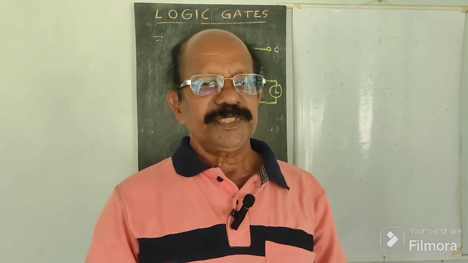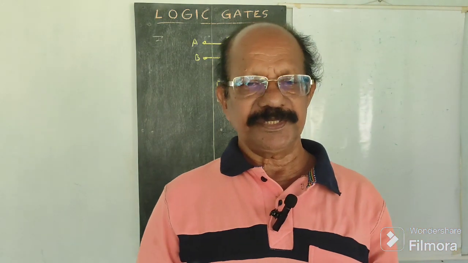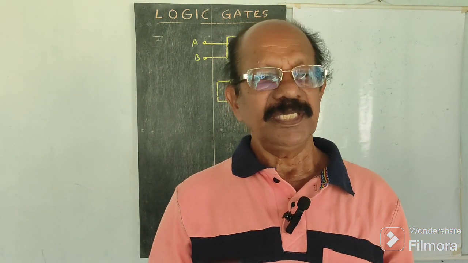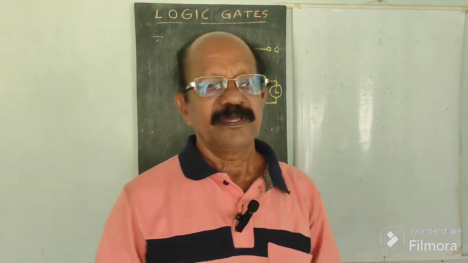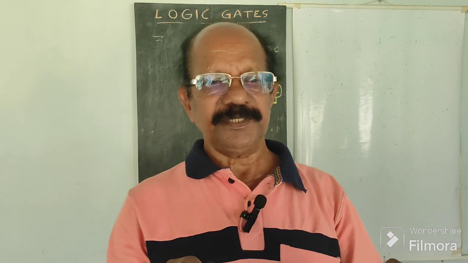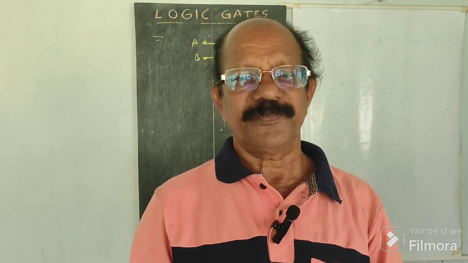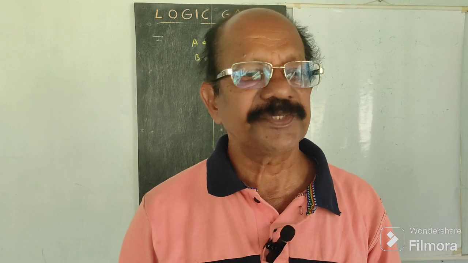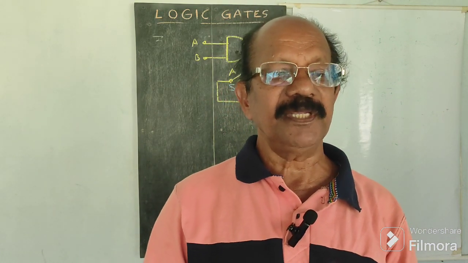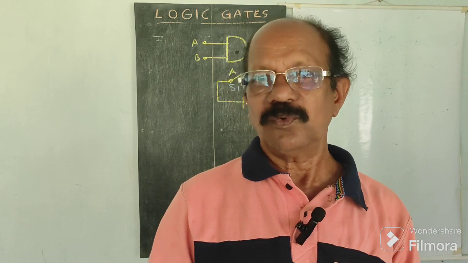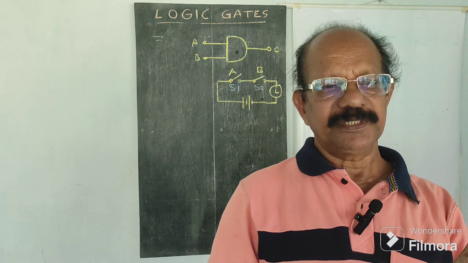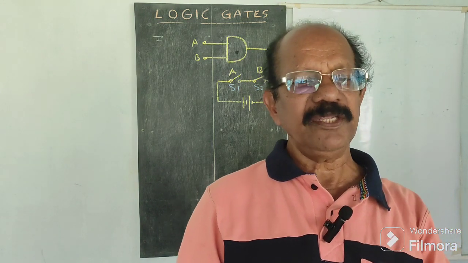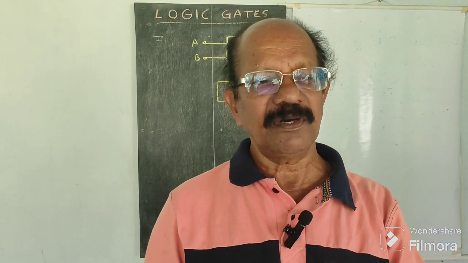The electronic or logic symbol for the 2 input AND gate is shown, and the equivalent switching device is also explained here. It is worth reminding the readers or viewers once again that the variables A, B, C can have the value either 0 or 1. The AND gate gives an output only when all inputs are high, or present, or 1.